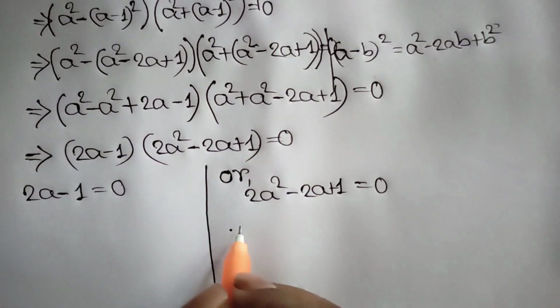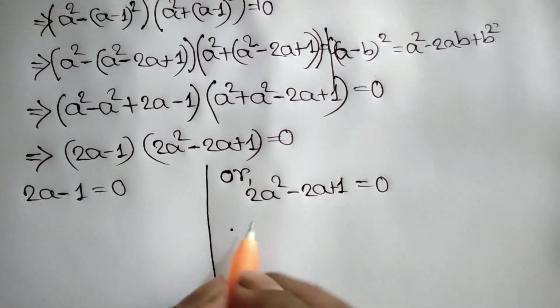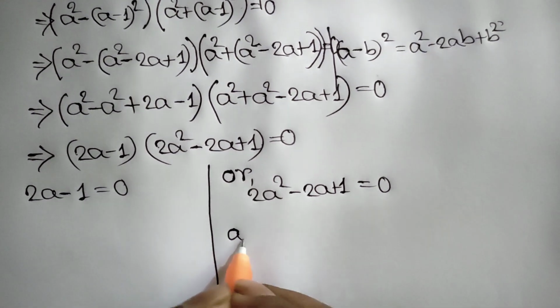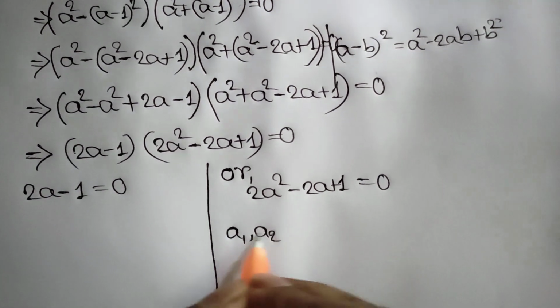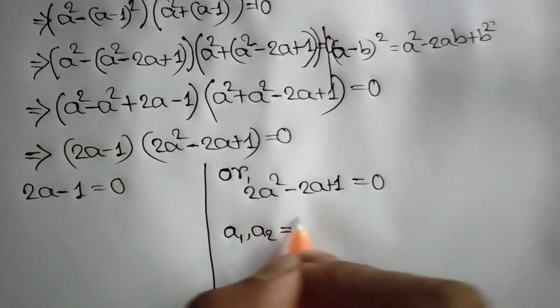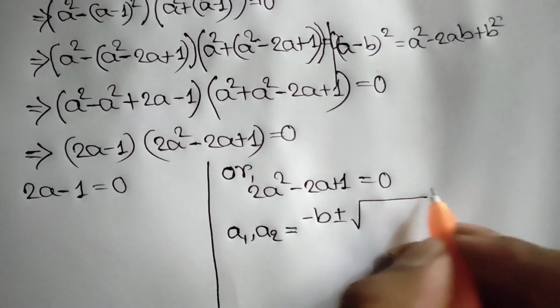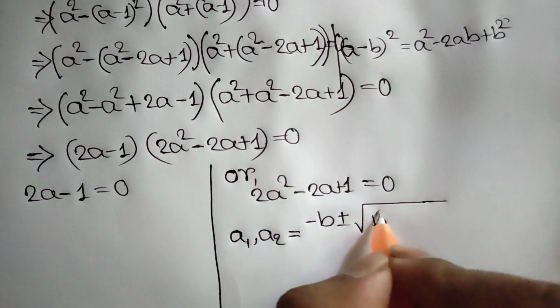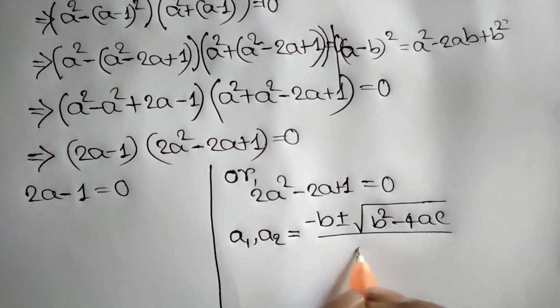Now here we can apply the quadratic formula. So there are two values, a1 and a2. We can write a1 comma a2 is equal to minus b plus or minus square root of b square minus 4ac over 2a.